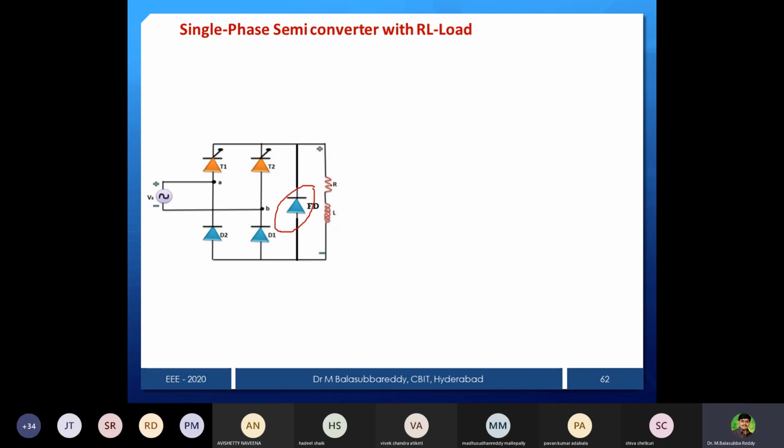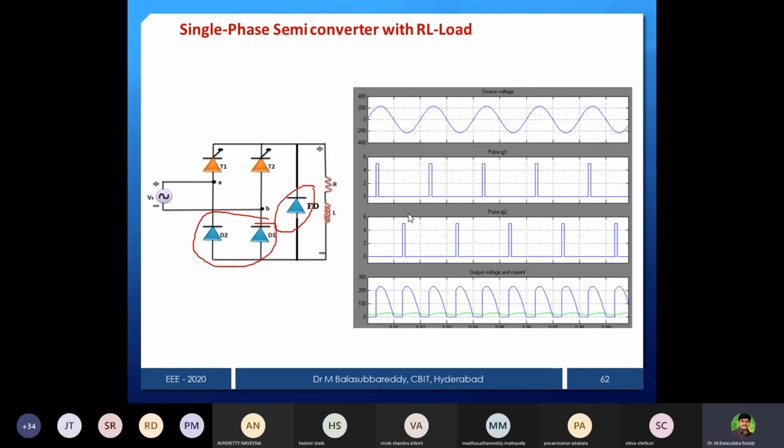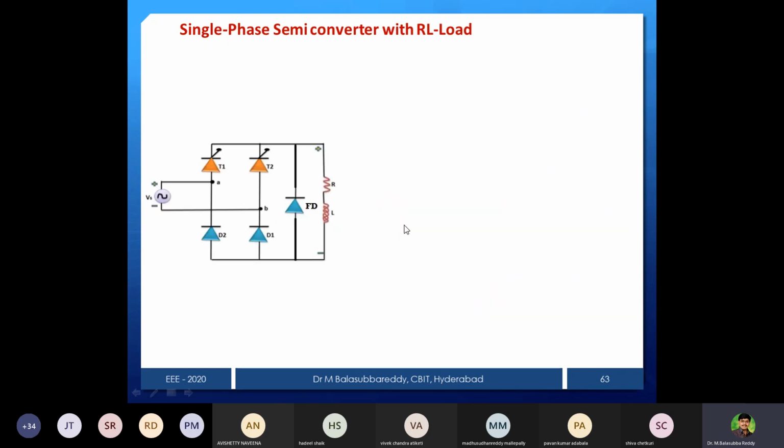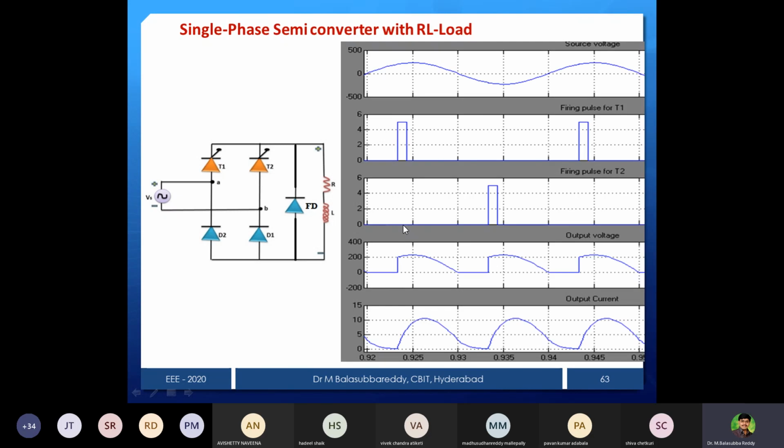This lower group will also act as freewheeling diodes. That's why the waveform is again the same. We are also doing this simulation in our lab. You can see the waveform is again the same, you are not getting any negative voltage, but current is there. Current passes through the freewheeling diode.